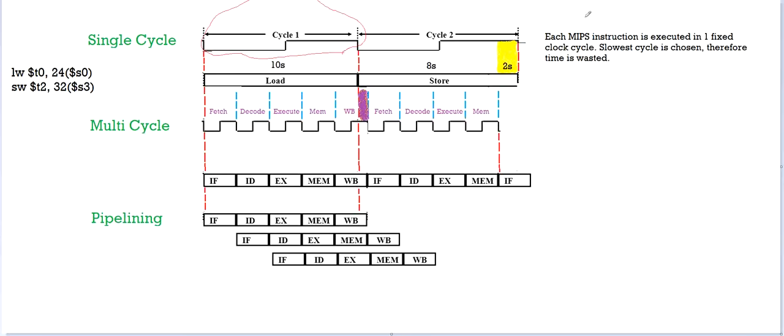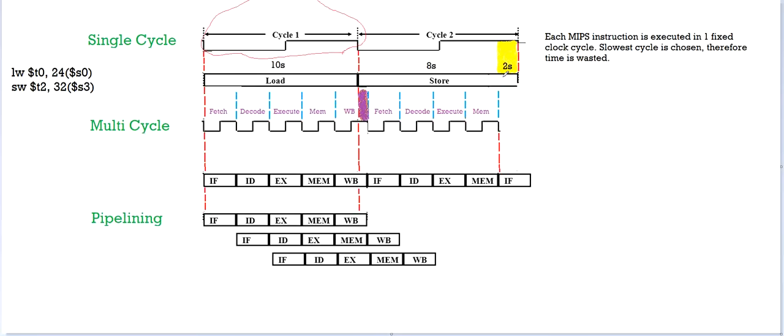But here remember that the rule is that each instruction has to be executed in one single clock cycle, and the size of a clock cycle has to be equal. So since the load instruction takes a bigger clock cycle, we are going to have to be using the same one for the store instruction, and there's going to be a wastage time of about 2 seconds.